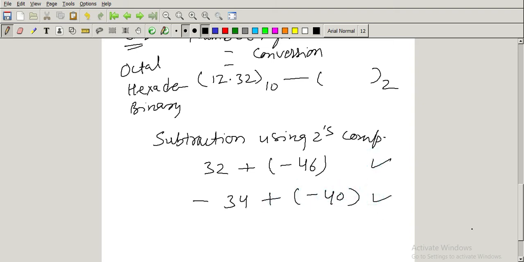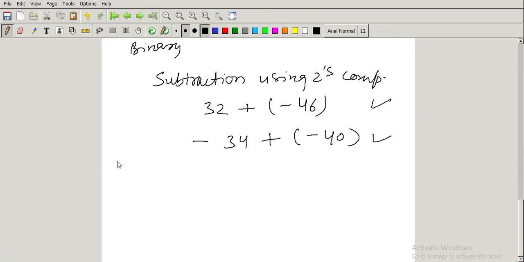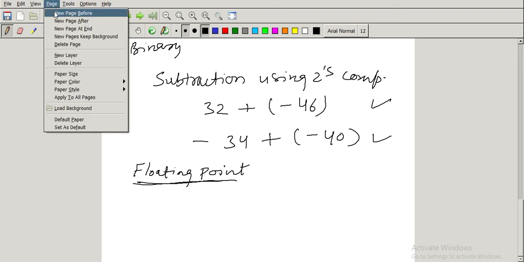These types of questions are asked and have been asked in previous papers. Then we have another important topic, which is floating point. Floating point is nothing but just a representation. You can cover it if you have time, otherwise you can leave it, no problem. So these are the important topics from chapter 3.